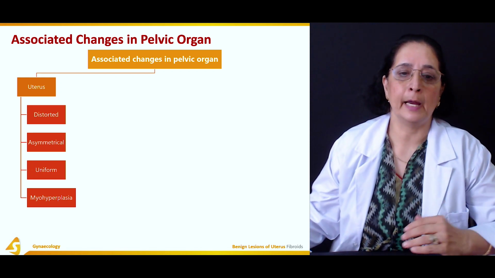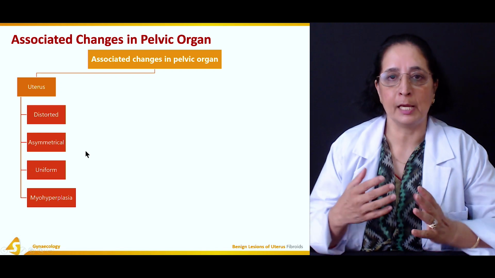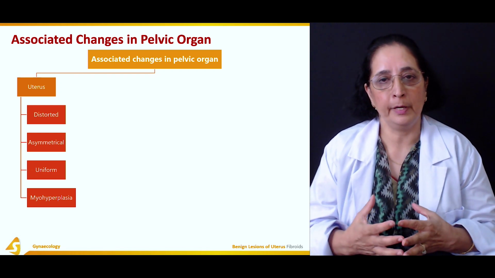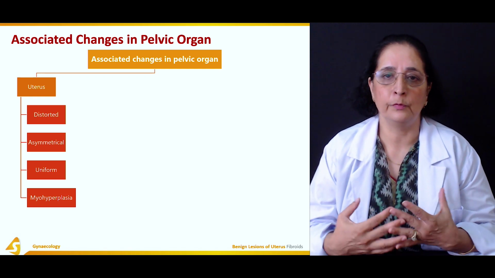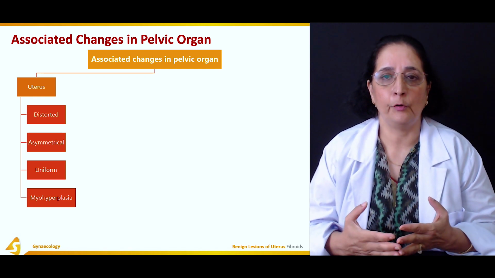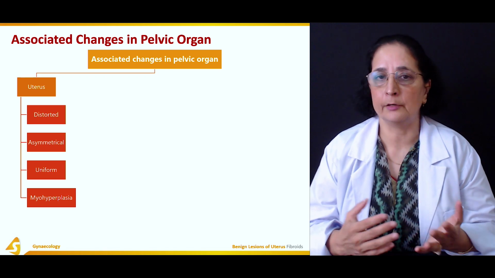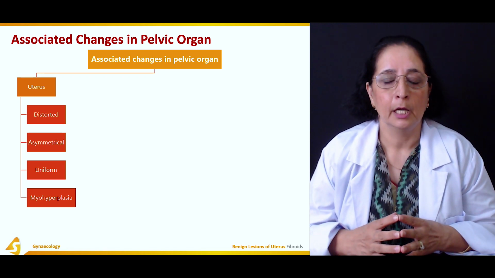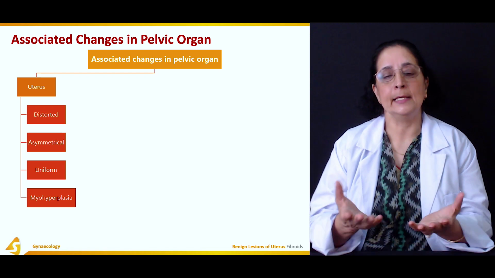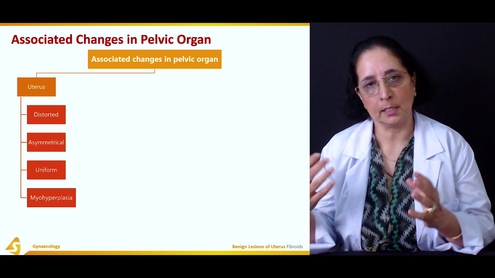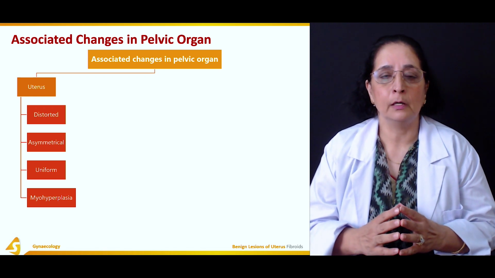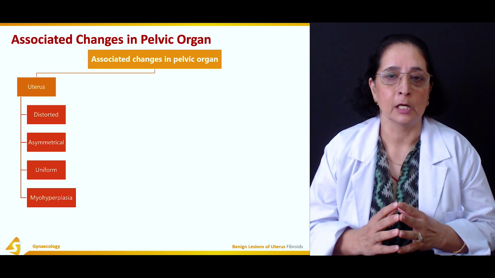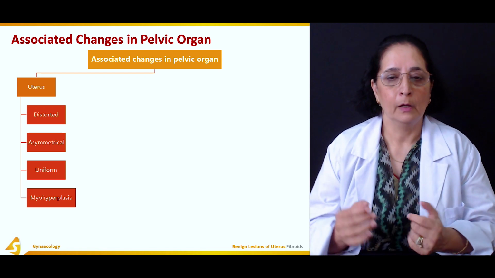So the uterus might become distorted, or the shape is changed because of a big fibroid. It's all distorted and has to be removed. Sometimes with the fibroids, hysterectomy or bilateral salpingo-oophorectomy is required. It can be asymmetrical, meaning one side big, one regular, one irregular, depending on where the fibroid is present. Or it can be uniform or hyperplasia.